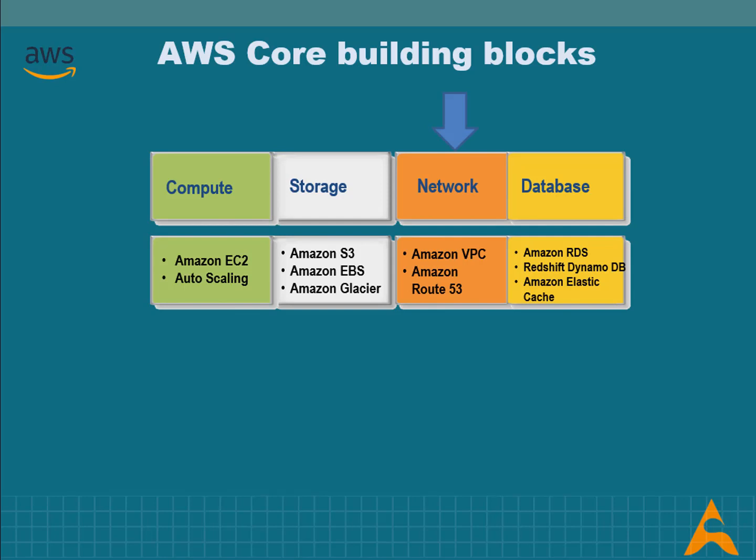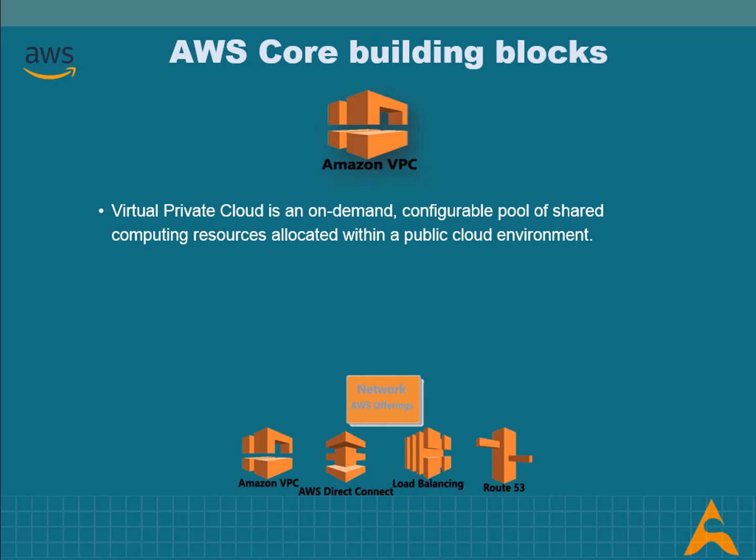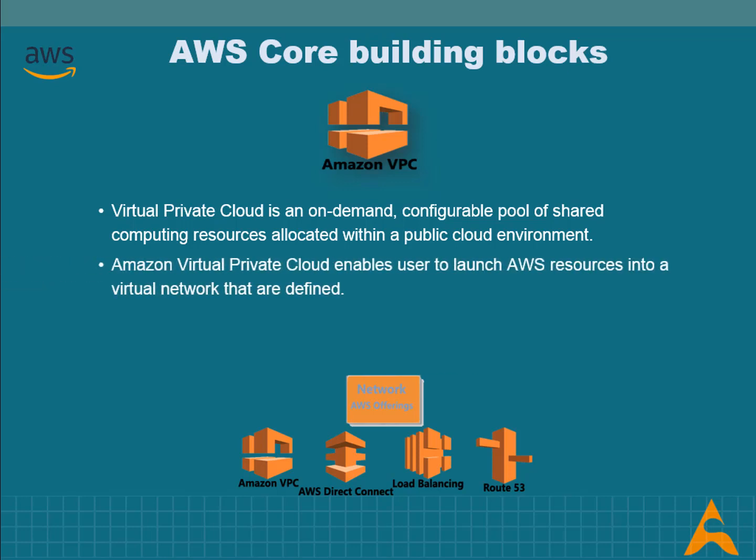Now understand what is Amazon VPC. Amazon VPC is an on-demand configurable pool of shared computing resources allocated within a public cloud environment. It enables users to launch AWS resources into virtual networks that are defined. Now, how do we configure a VPC?